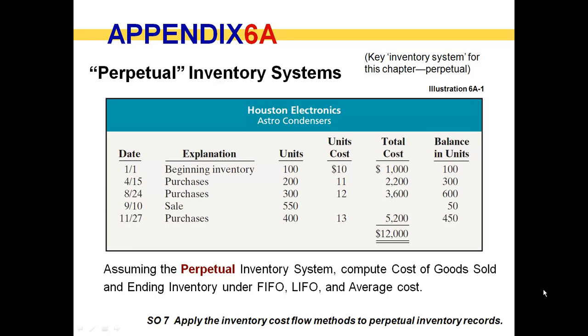Now we're assuming the same data, that is, beginning inventory plus all purchases for the time period equal $12,000 total pool cost for goods available from January through November. The ending inventory of 450 units is the same assumption that we had earlier.